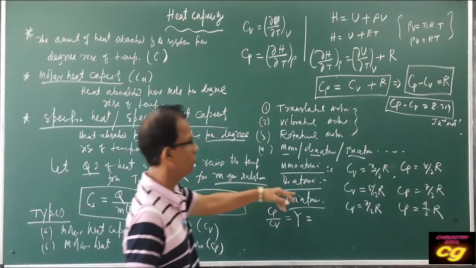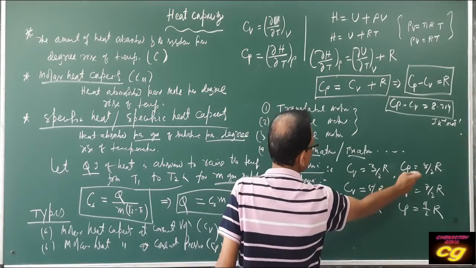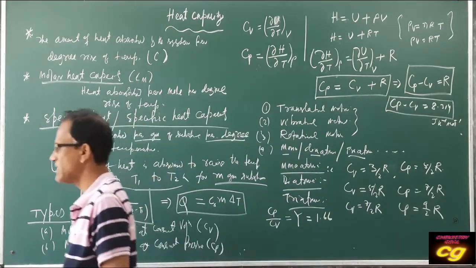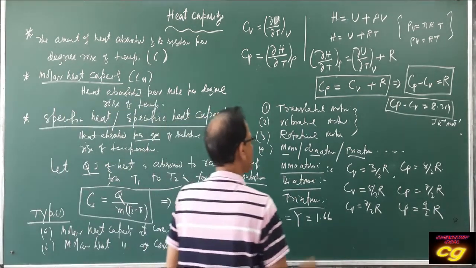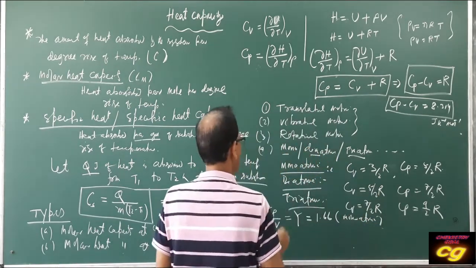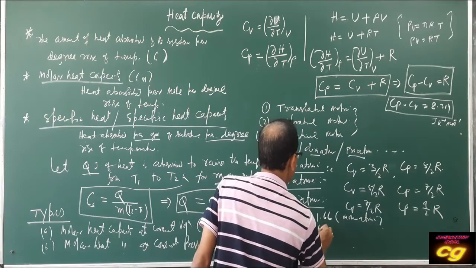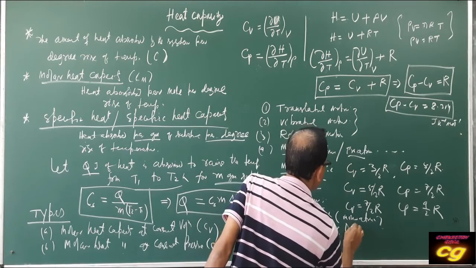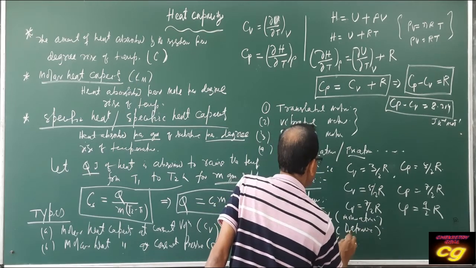If you put in the values, when the ratio is 1.66, that is called monoatomic. If it is 1.40, this is diatomic. If it is 1.30, that is triatomic.